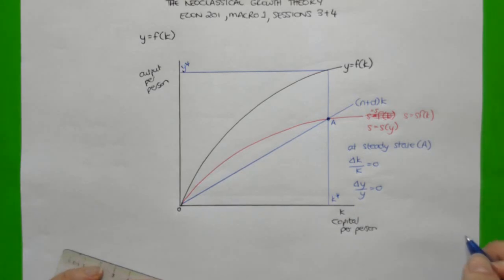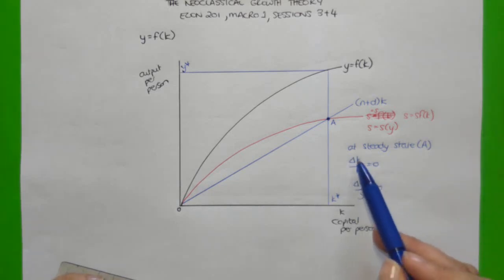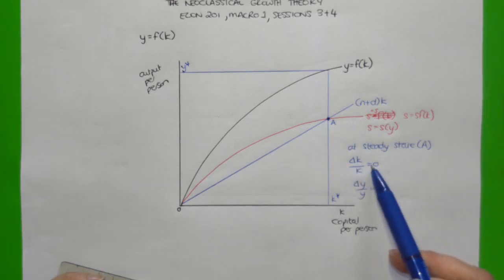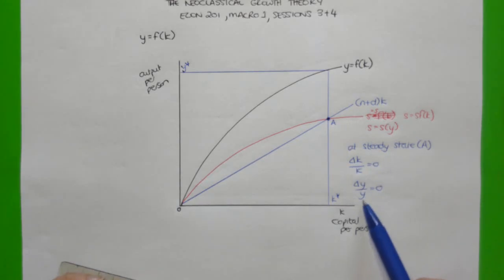The growth rate in output per person is 0. Okay? This doesn't mean that the economy is not growing, but I'm going to talk about that in a different video. For now, the important thing to note is that at the steady state, the capital per person growth rate is equal to 0, and the output per person growth rate is equal to 0.